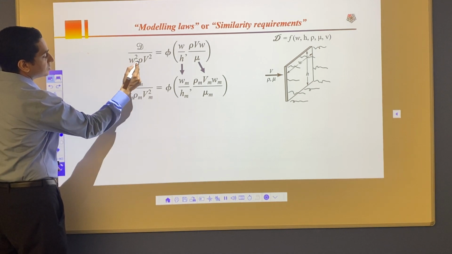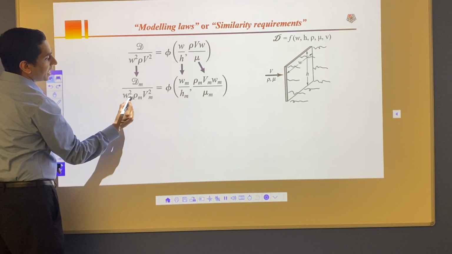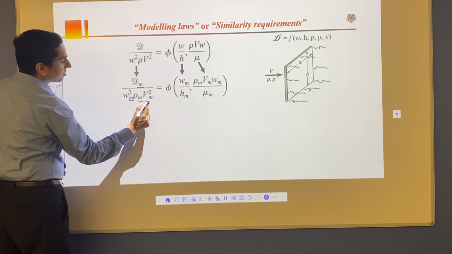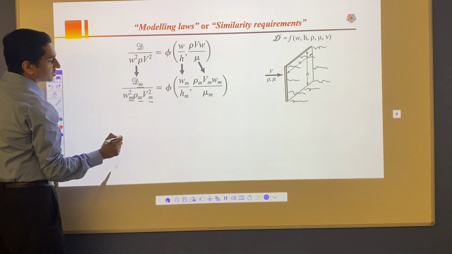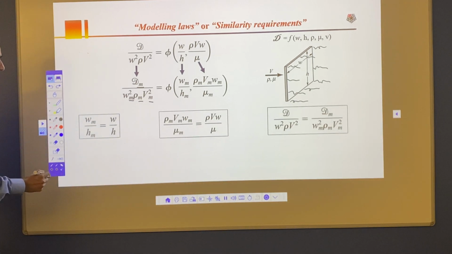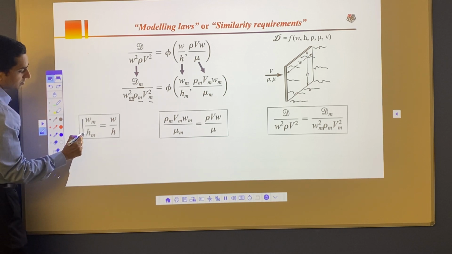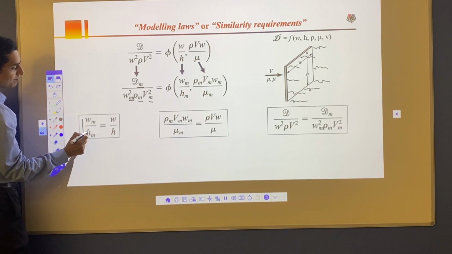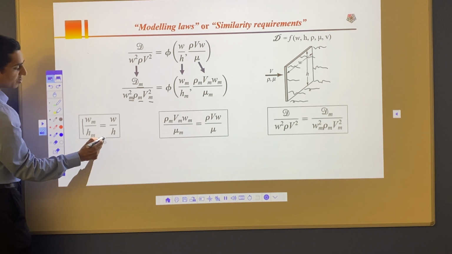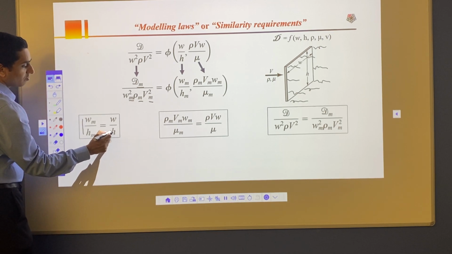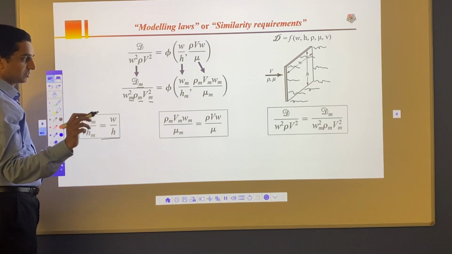This one is for the full-scale prototype, and when I write the m suffix, this one is for the model. So I can say that for this ratio, I have another Wm by Hm, meaning the dimensions of the model have the same ratio as the dimensions of the prototype.